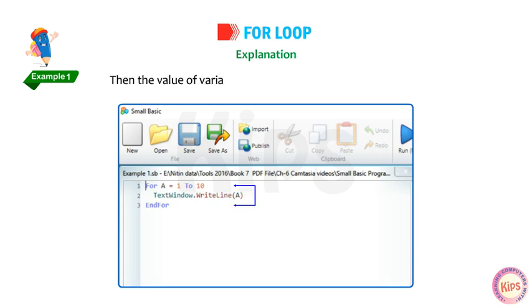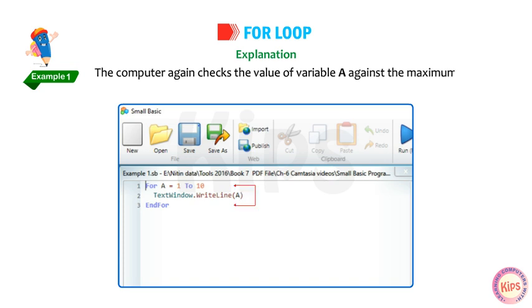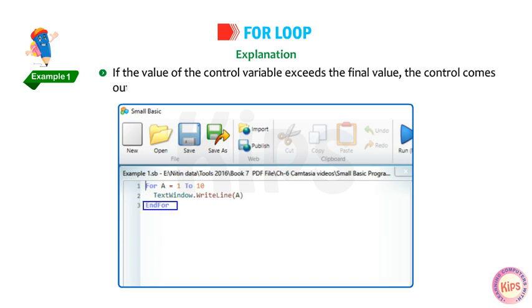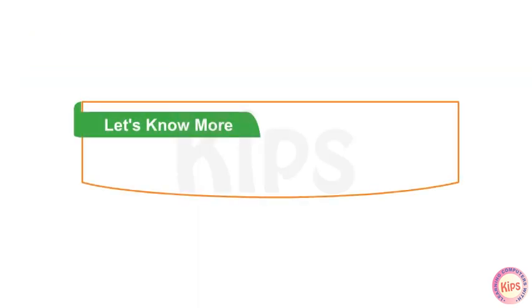Then the value of variable a is incremented, that is, increased by 1. The computer again checks the value of variable a against the maximum limit, that is, the final value. If the value of the control variable exceeds the final value, the control comes out of the for and end for looping statement.